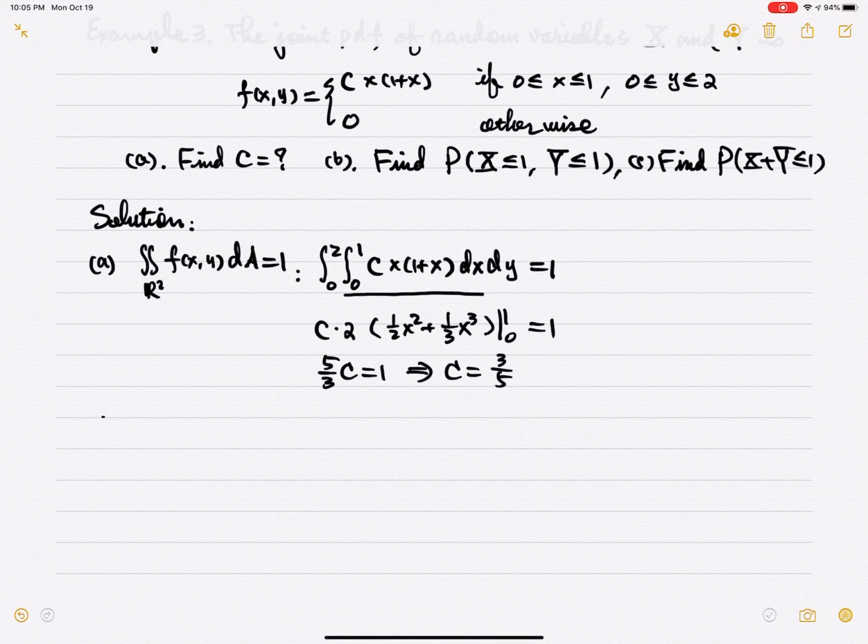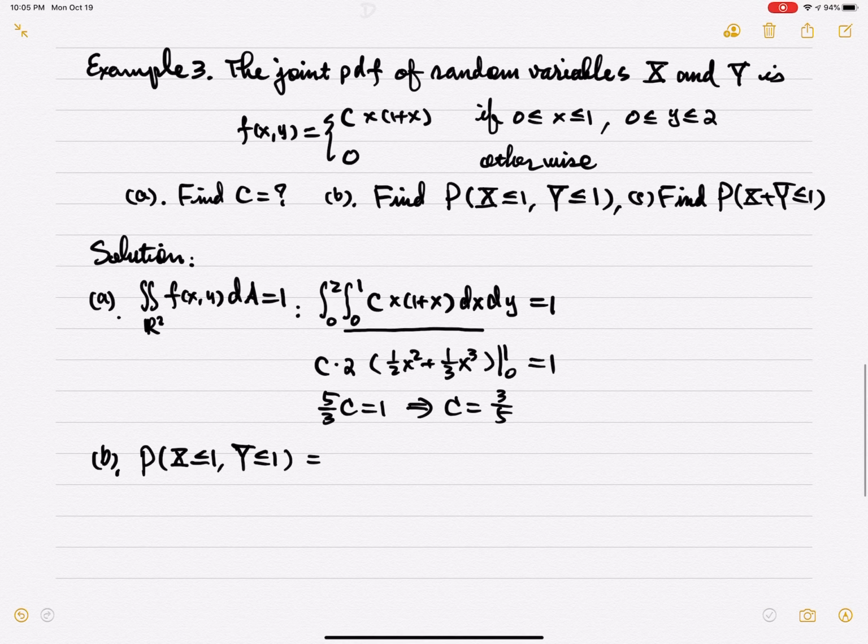And then part B, well, the probability of X less than or equal to 1, Y less than or equal to 1. X less than or equal to 1 means X from negative infinity to 1. But from negative infinity to 0, the function equals 0. So we only need to say from 0 to 1. That's the X value.